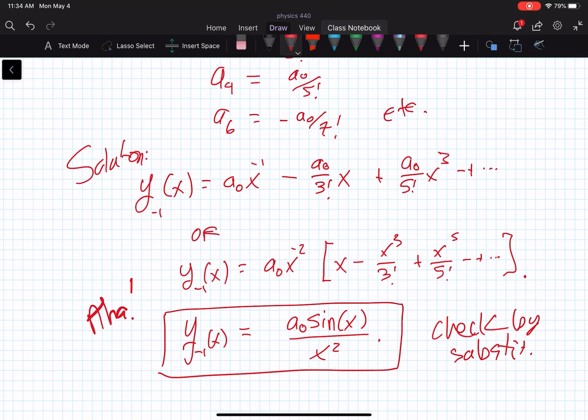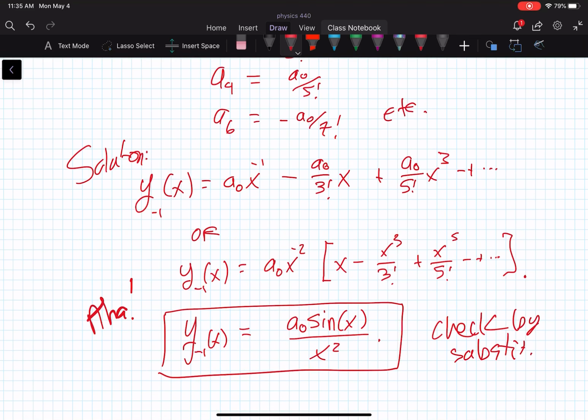We're lucky in that this created a solution that had a closed form. That won't always be the case, but that is what we're always driving for if it's possible. So look over this example again, look over the examples in lecture again, and remember that the idea is we're going to write y as x to the n plus some indicial power. We're going to solve for the coefficients to find what the two roots of that power are.